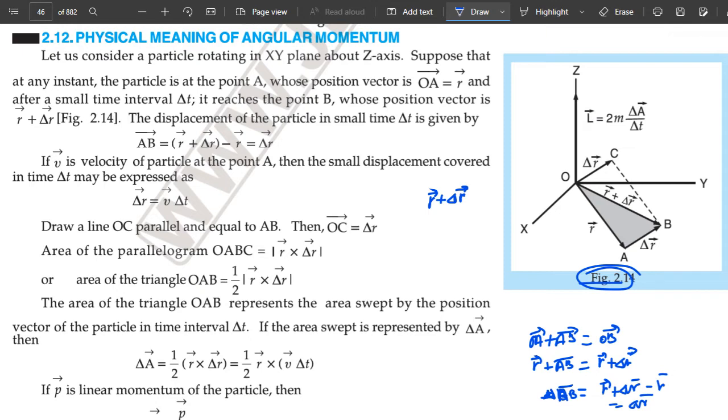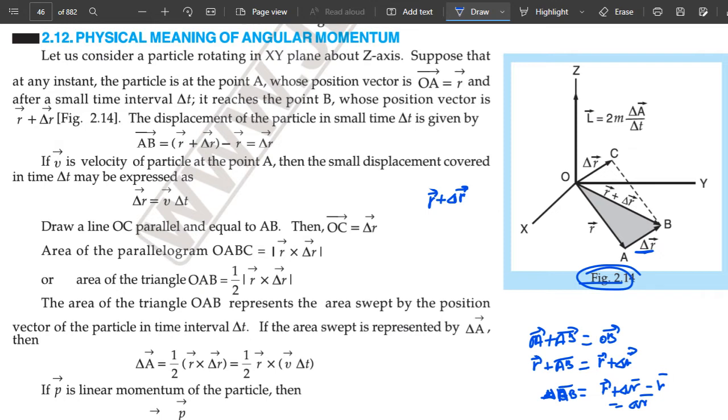That means the particle moving from point A to B has changed its position by delta R. This is the change in position from point A to B, not with respect to the origin, right? Now we draw a parallel line BC to OA and a parallel line OC to AB.